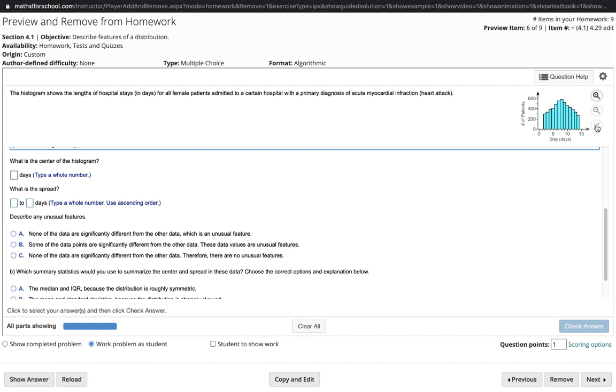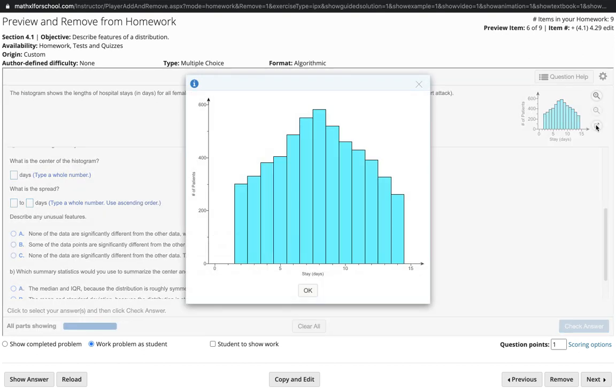Now, in this particular case, because the histogram is symmetrical, then the center is going to be in the literal center here. That's not always the case. If the histogram is skewed, then the center is not going to be in the literal center.